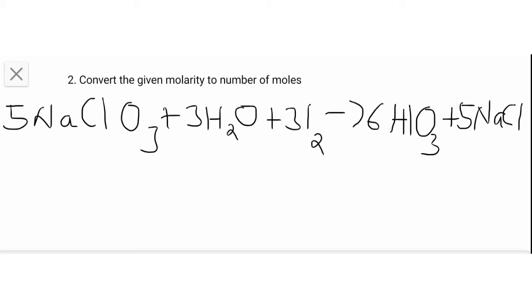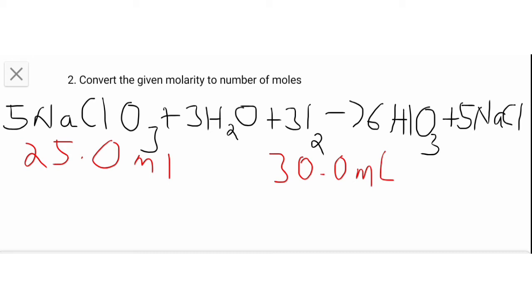Let's look at the information that we have so far. So we know that we have 25.0 ml as the volume for sodium chlorate. Then for iodine, we have been given the volume also. So the volume here is 30.0 milliliters.